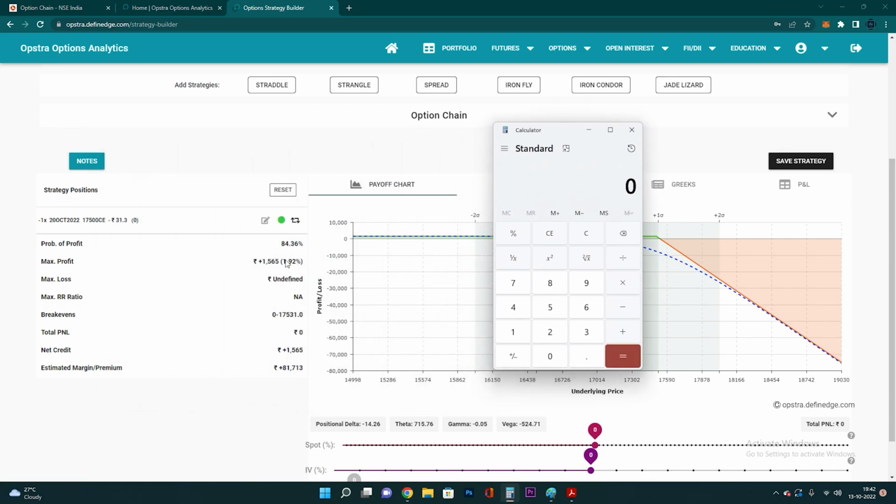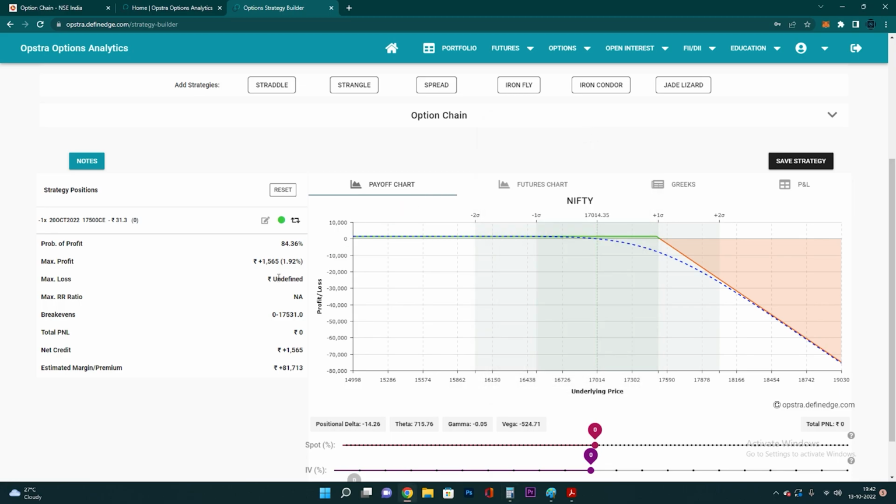The 1,565 is the premium that you sold, 31.3 rupees into 50. You will collect this from the option buyer. Someone would have bought the 17,500 call option, predicting that the market will go up, by paying 31 rupees. That 31 rupees you have collected.